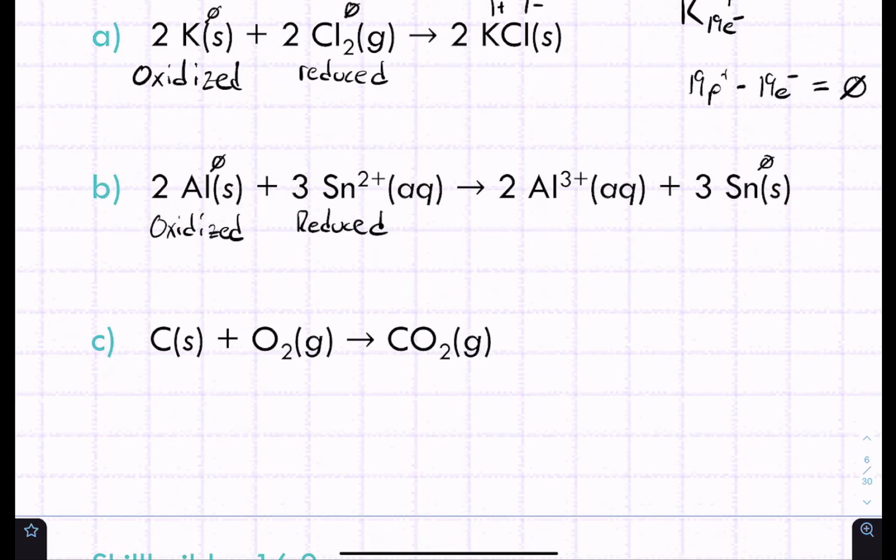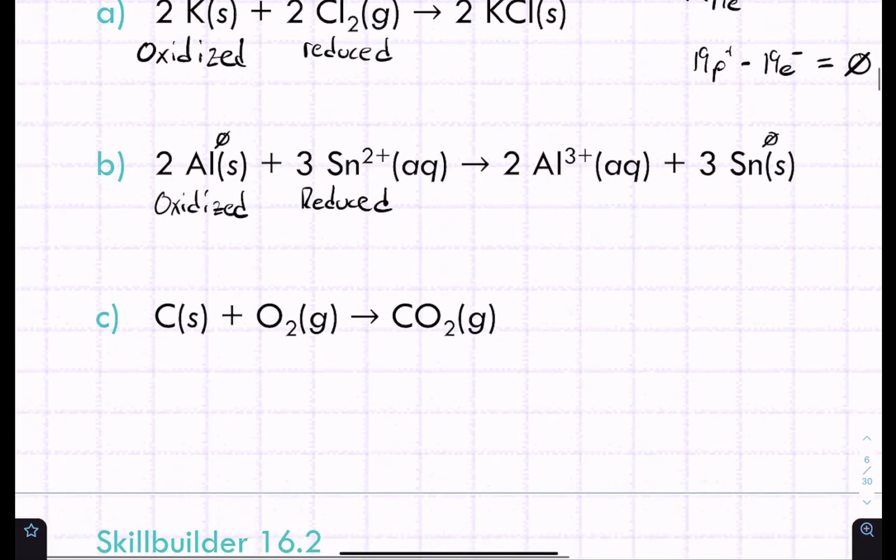Try not to think of reducing the number of electrons as the same thing as being reduced, because reduction is gaining electrons. Oxidation is losing electrons. In that sense, it's backwards. We're going to talk about oxidation states, though.